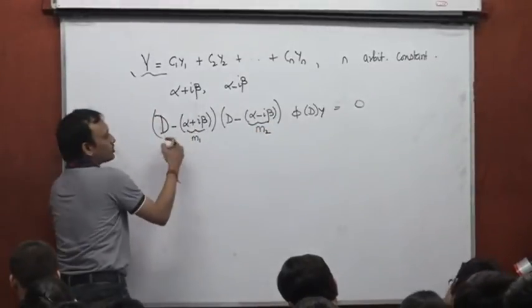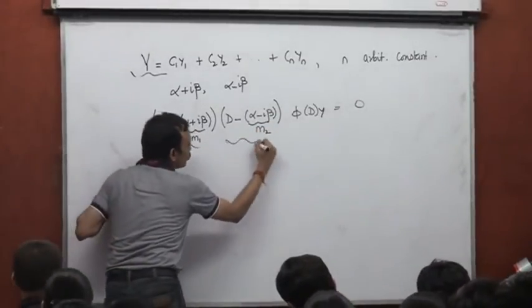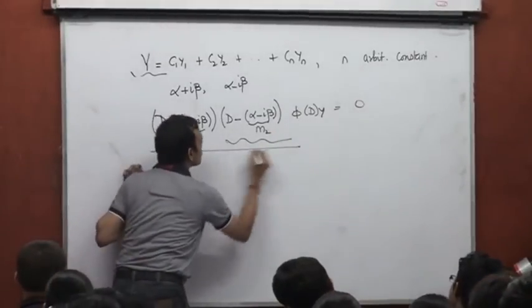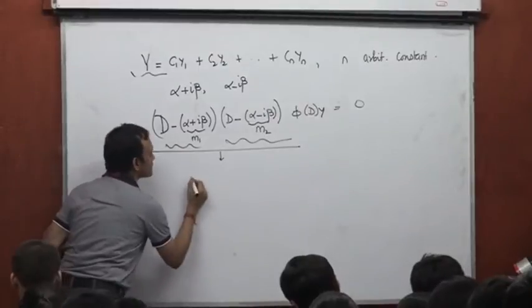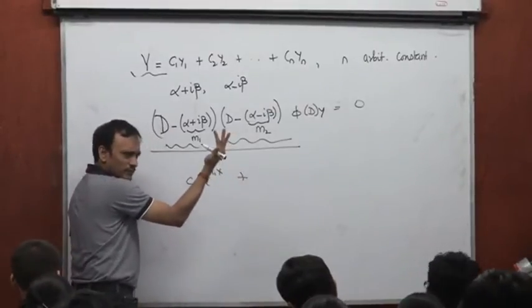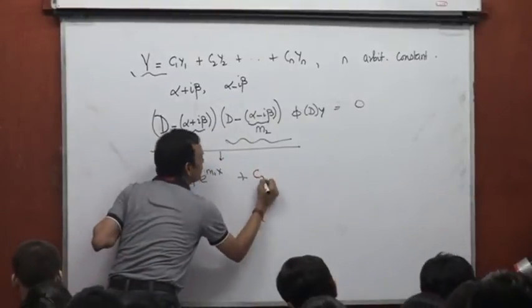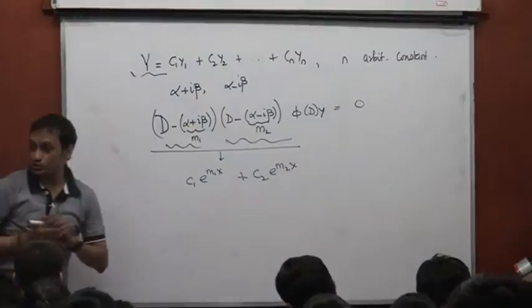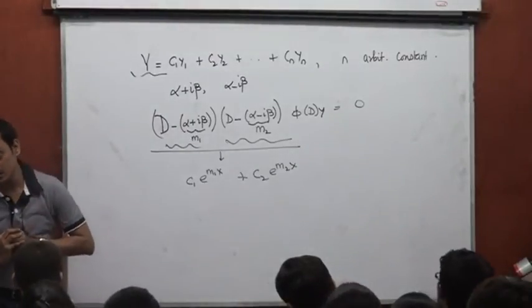Let me just look at the contribution made by the two complex roots. The contribution made by the two complex roots to the general solution would be c1 e^(m1x) plus c2 e^(m2x), they are distinct after all, for α + iβ and α − iβ.